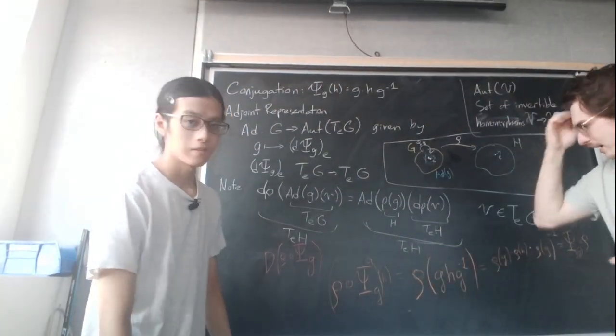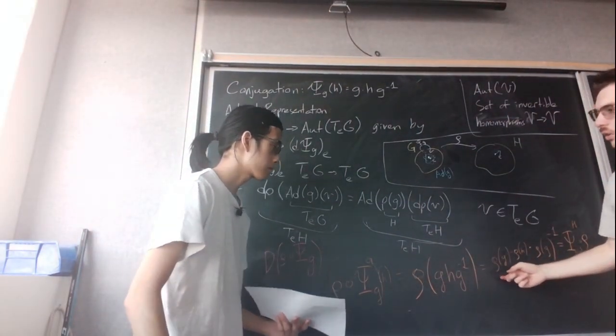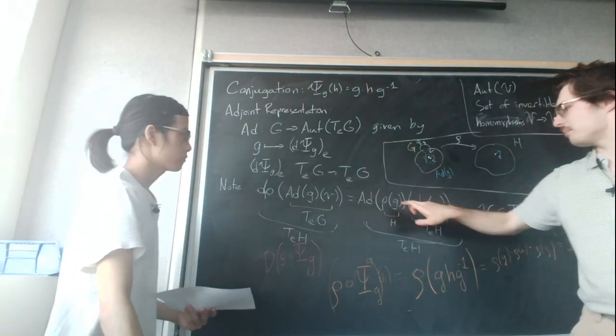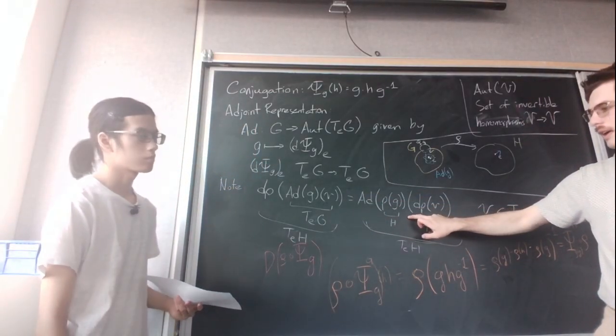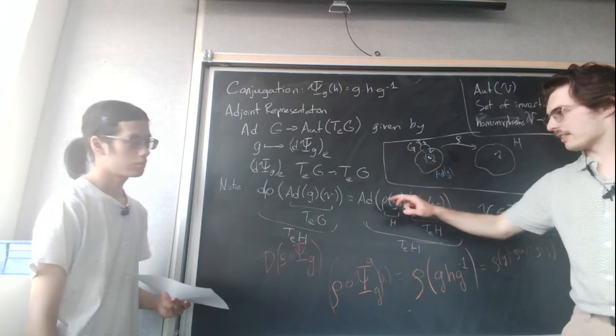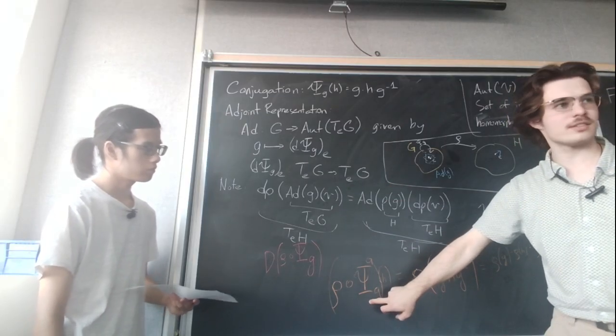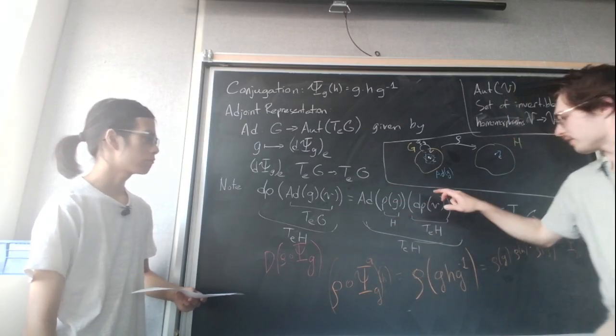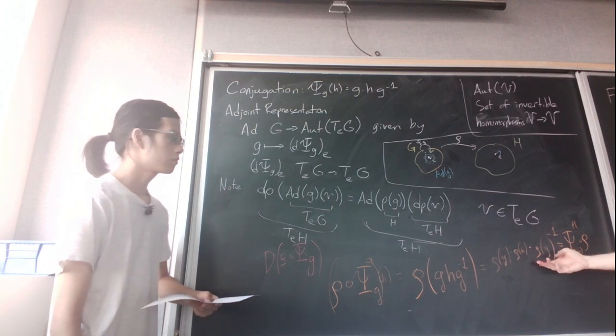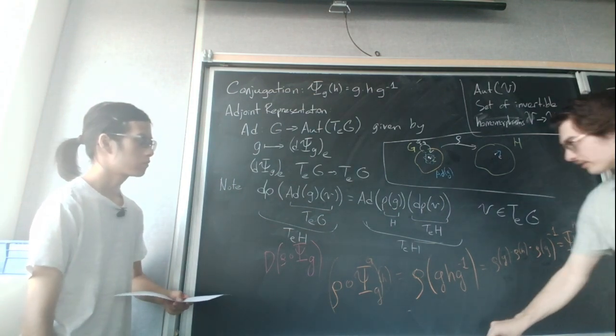Okay. Right. And so what does this being equal to this mean? This is essentially saying that if I take the derivative this way versus if I take the derivative this way, I get the same thing, right? So this is an important notice.